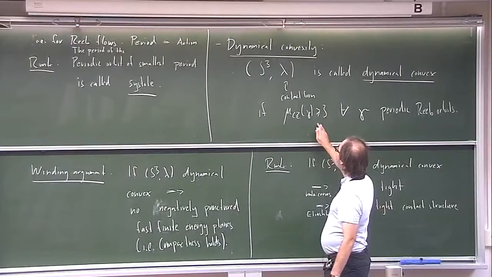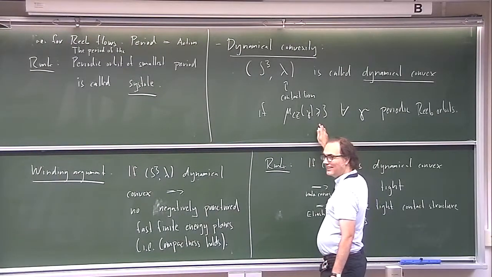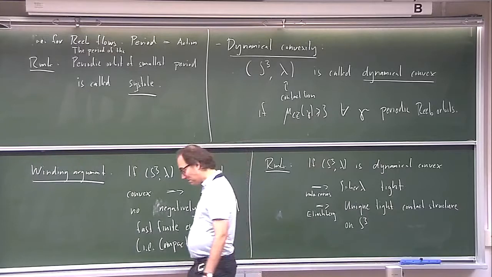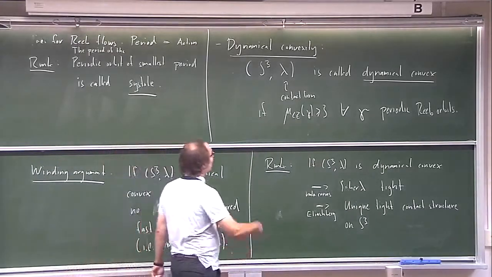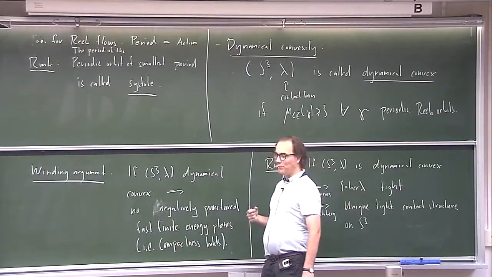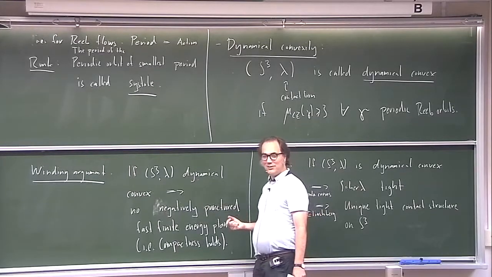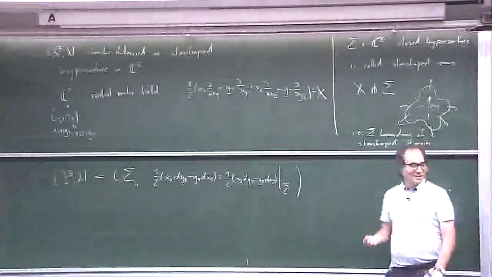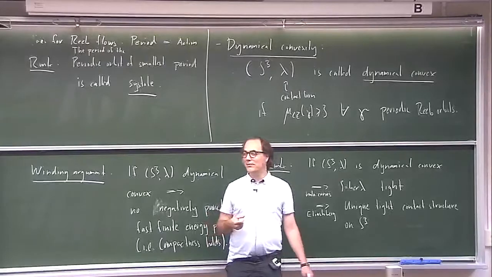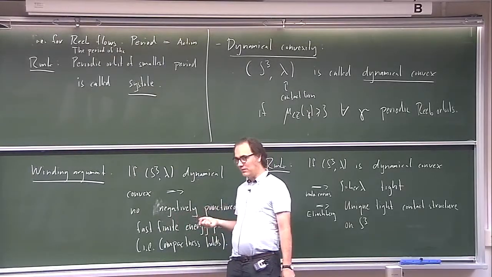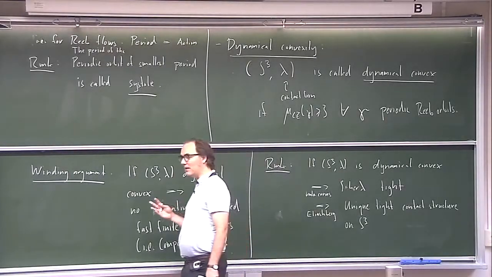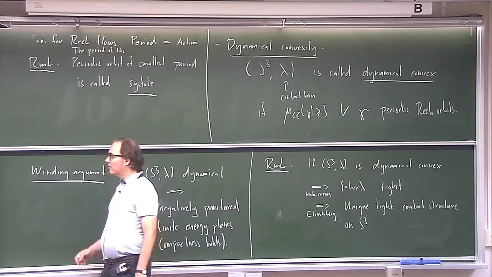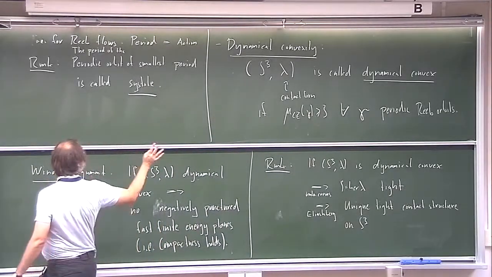At first it looks very hard to check this condition, because it's not so easy to find all periodic orbits, and it's also not big fun to compute the Conley-Zehnder indices. If you really want to follow the definition, you first have to find all periodic orbits and then check all the Conley-Zehnder indices. It can sometimes be done if the flow is easy enough, but in general this is not the way you do it.